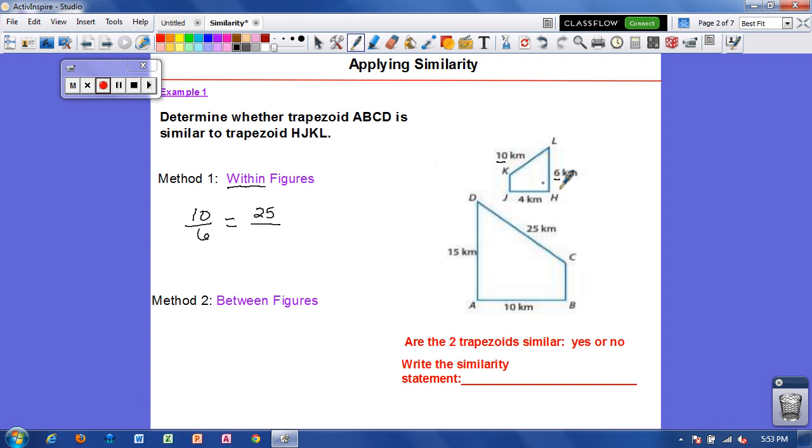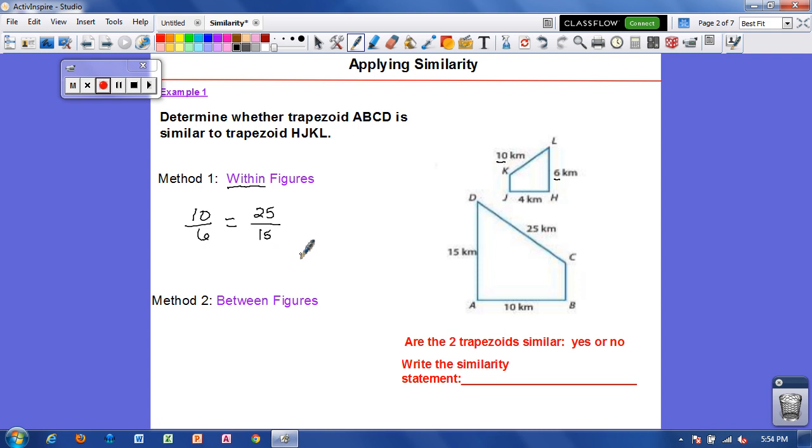Then I took this 6 from this side of the smaller trapezoid. That was side LH. So I want to find the corresponding side on the bigger one, which would be side DA, and that one measures 15. So now that I have that set up, I have a ratio from the smaller, and then I have a ratio from the bigger trapezoid.